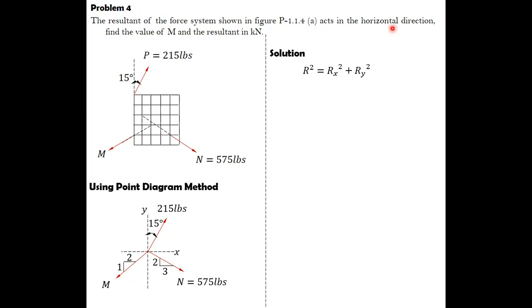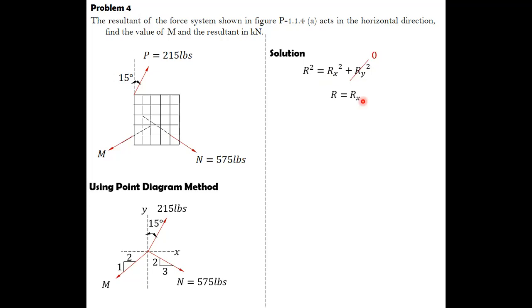It is not specified whether rightward or leftward, but that is okay because what is important is that we know it is purely horizontal. If the force is purely horizontal, its corresponding y component is automatically equivalent to 0. So we substitute Ry as 0, meaning the resultant force is equivalent to the x component of the resultant.